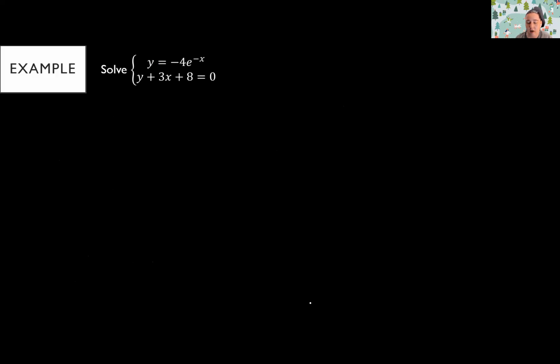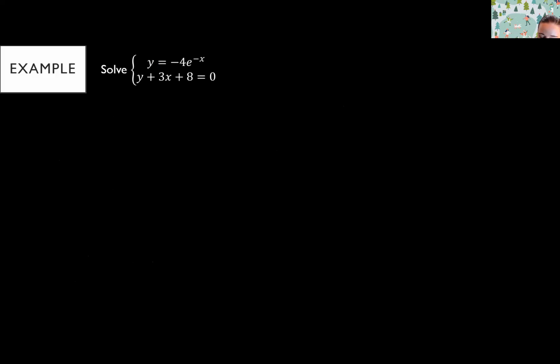Now, this one here is a system that you cannot solve by your methods of elimination or substitution, because we have our variable in the exponent and the variable outside of the exponent. So you haven't learned any methods for how to solve something like this. And so the only way to solve it is by graphing.